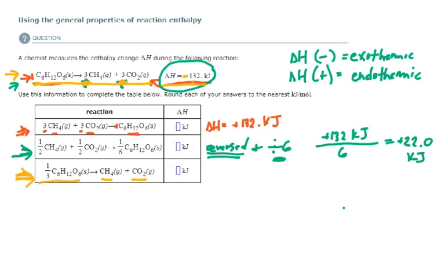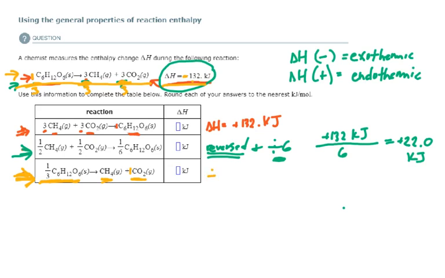Well, here I don't have 1 mole of C6H12O6, but I have a third of a mole. I have 1 mole of methane and 1 mole of CO2. What that tells me is I reduced the amounts of the substances in this process by dividing the original amounts by 3. What's 1 divided by 3? 1/3. What's 3 divided by 3? 1. What's 3 divided by 3 here? 1.